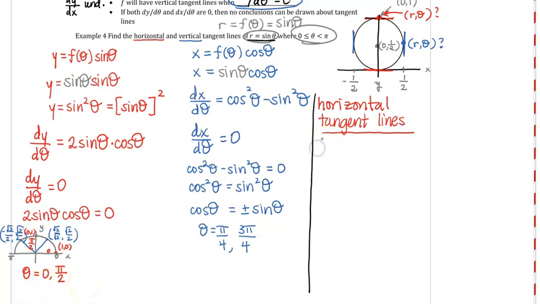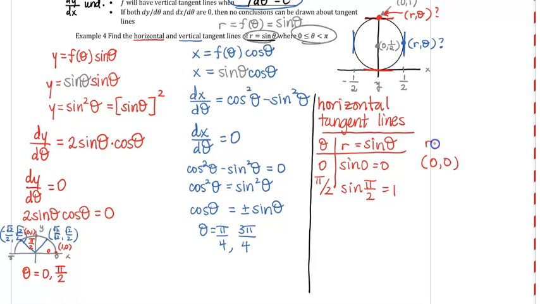So let's just make a quick table. Theta and r, when theta is 0 and when theta is pi over 2. Remember that r is equal to sine theta. So r in this case would be sine of 0, which is 0, and then sine of pi over 2, which is 1. So the 2 points that we're getting are the points (0, 0), remember this is (r, theta), and (1, pi over 2).